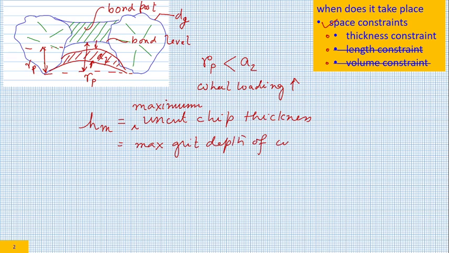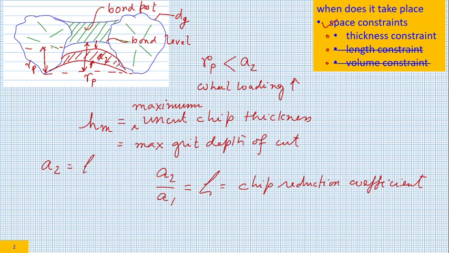So it is basically maximum uncut chip thickness. From machining we know A2 by A1 is zeta, which is the chip reduction coefficient, and thus A2 would be equal to zeta into A1. In this particular case it would be zeta into HM.